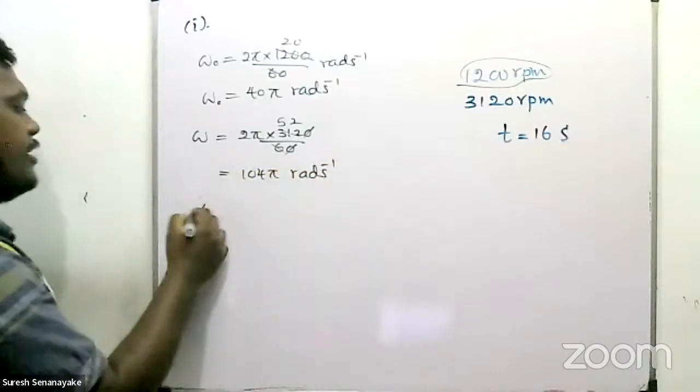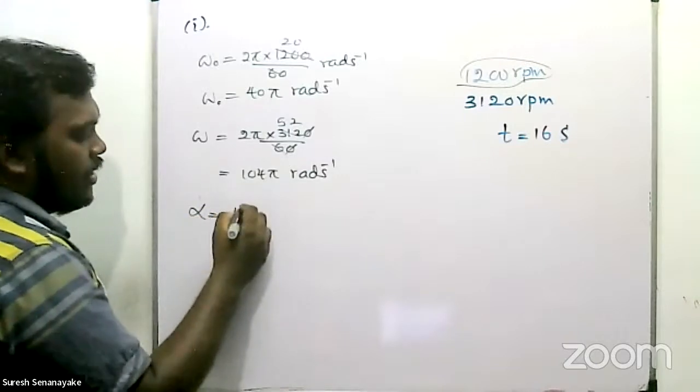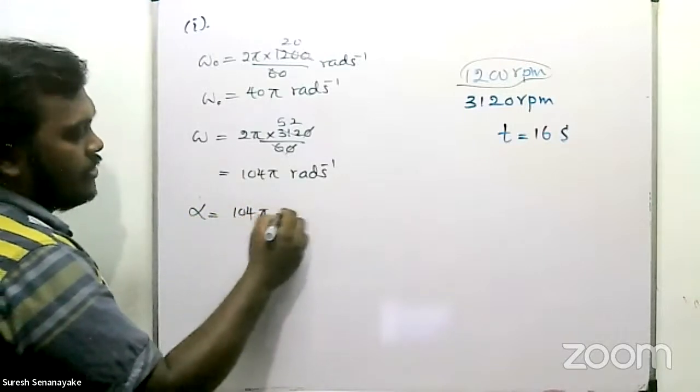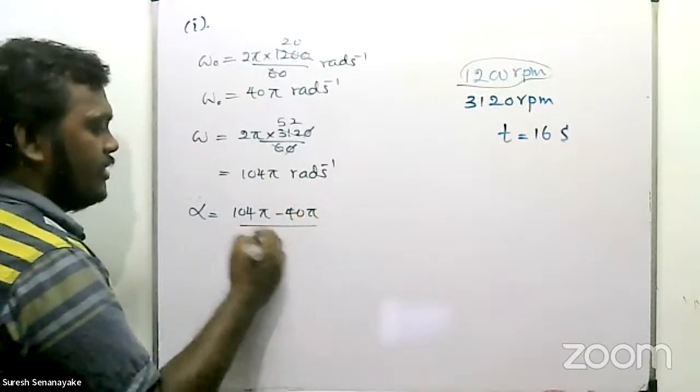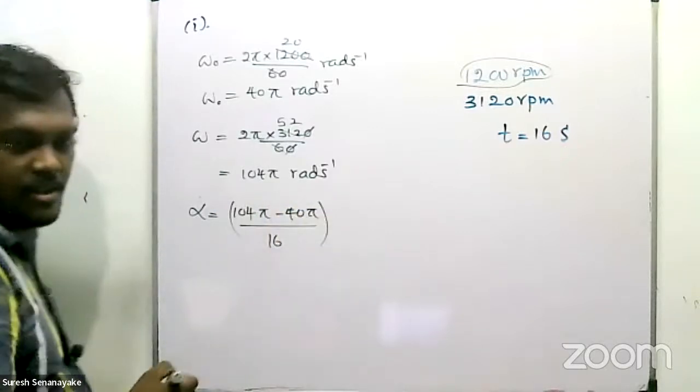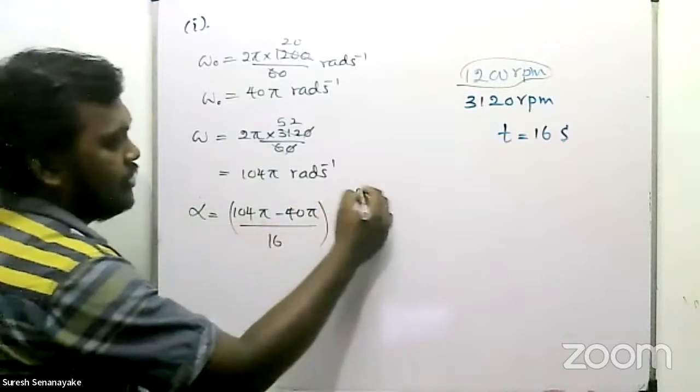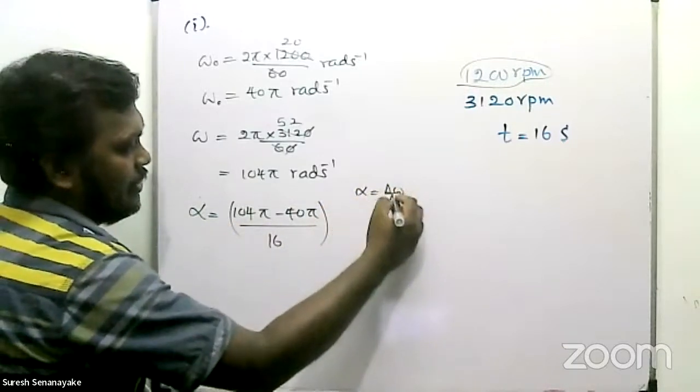The angular acceleration is then delta omega, this 104 pi minus 40 pi, divided by the time taken, 16 seconds. That's alpha equals delta omega over delta t.